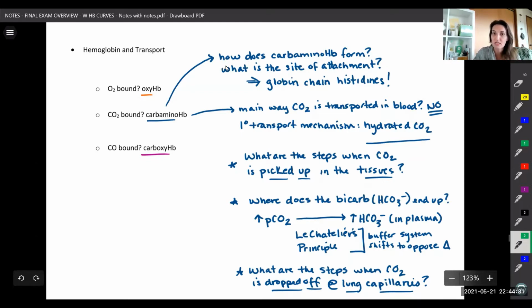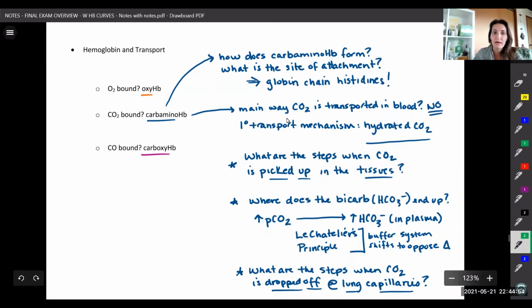What is the site of attachment? The histidines on the globin chains are where that CO2 attaches to the hemoglobin. I know that this is one of the ways that CO2 is transported in the blood, but is it the main way it's transported in the blood? The answer is no, it's not the number one way.